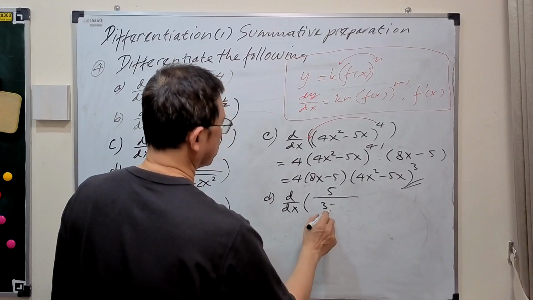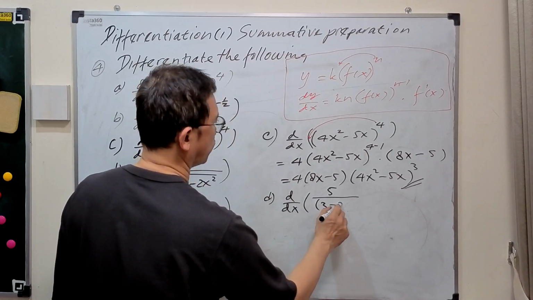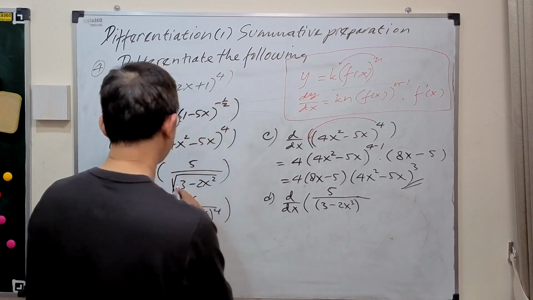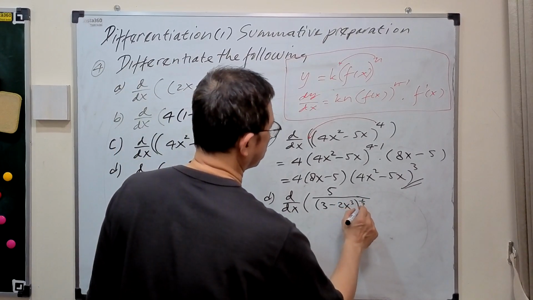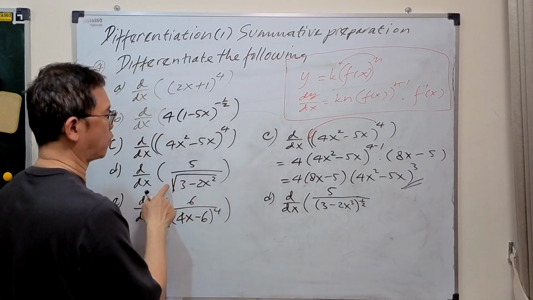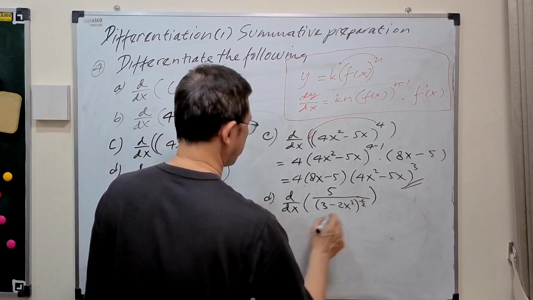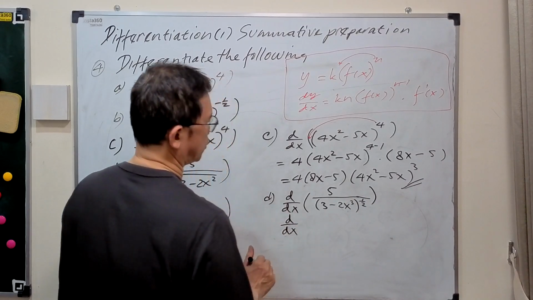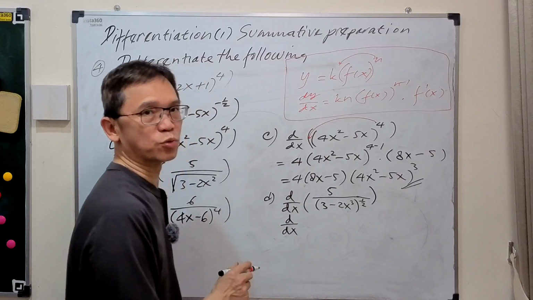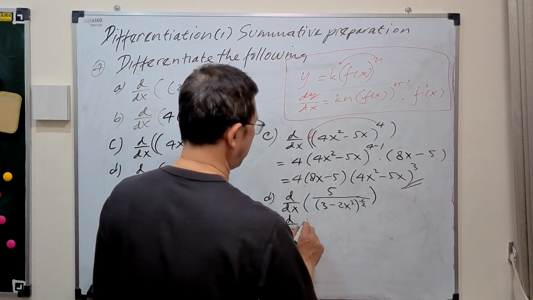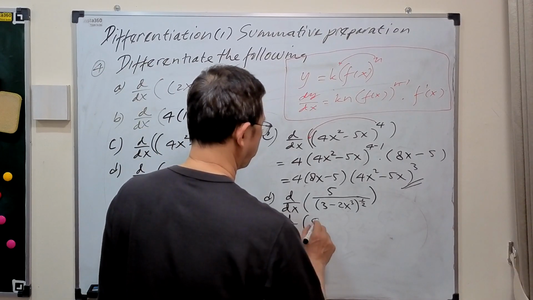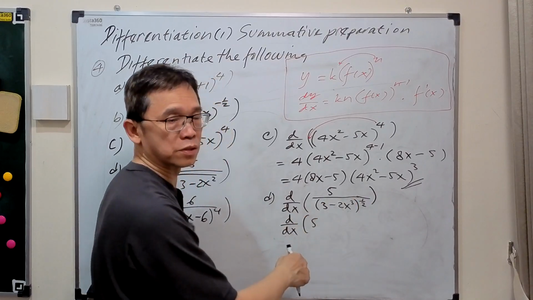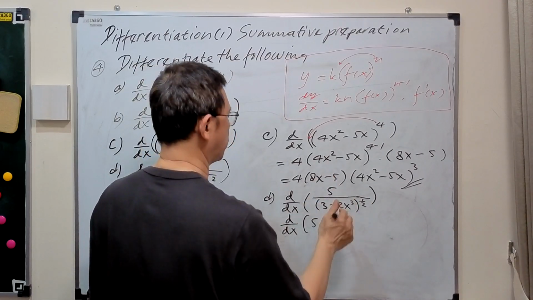So this 3 minus 2x cubed will be powered by half, because root means you power by half. 5 remains at the top, so we move the whole thing to the top.